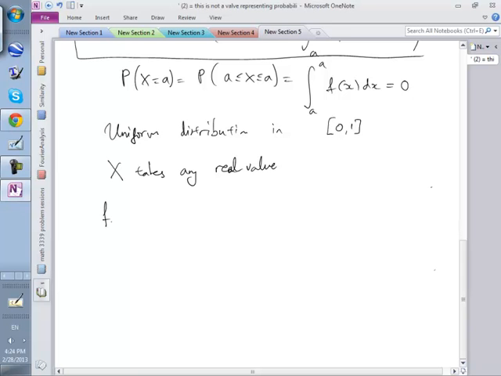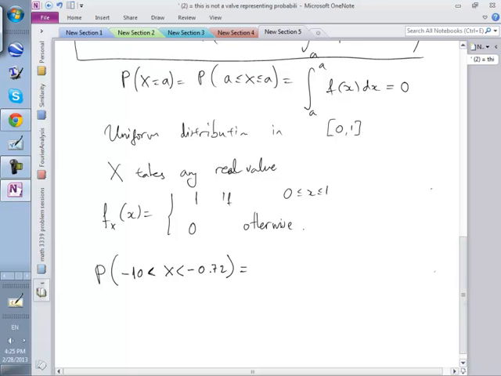And I'm saying that the density of x is 1 between 0 and 1, and 0 outside. What is the probability that x will take values, let's apply the rules that we've set, between negative 10 and negative 0.72?